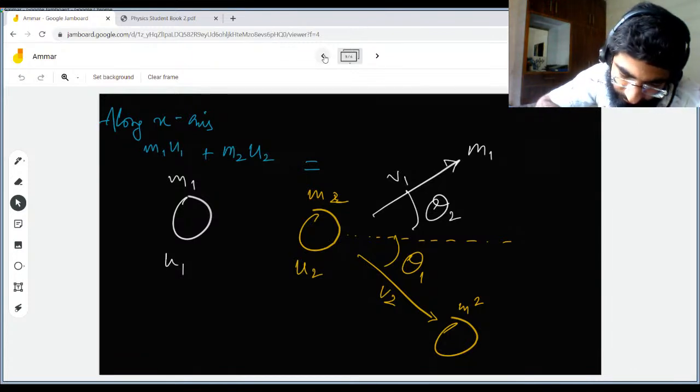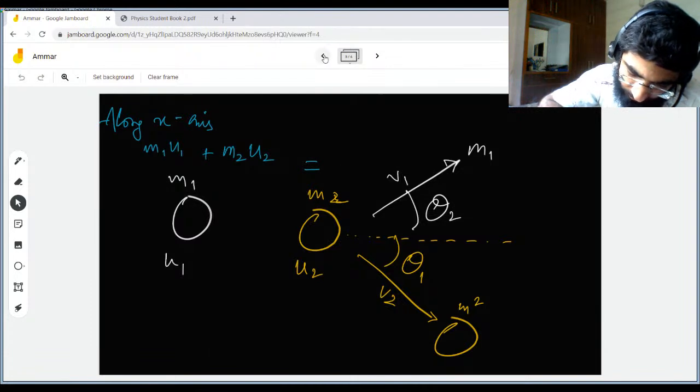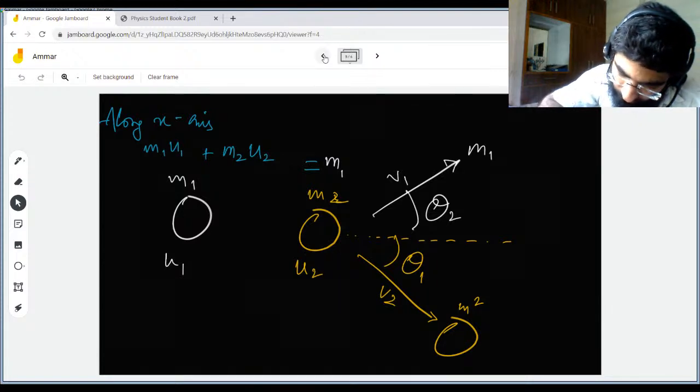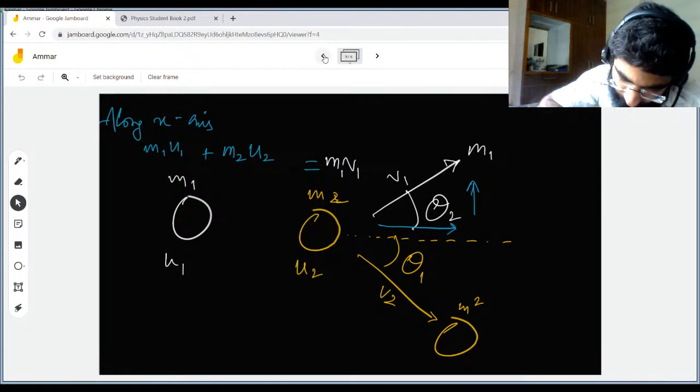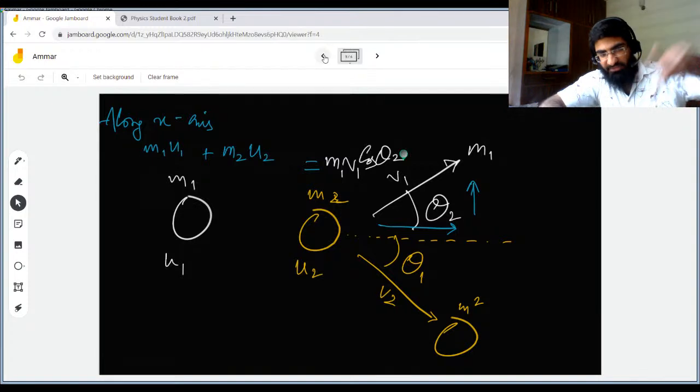It would be m1 v1 cos theta 2, because it's making this angle theta 2 with the x-axis.